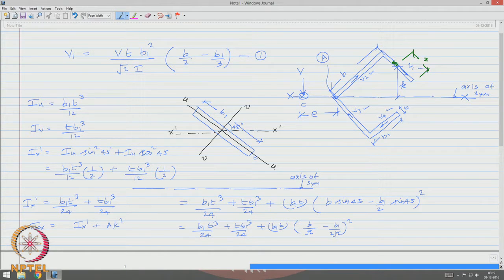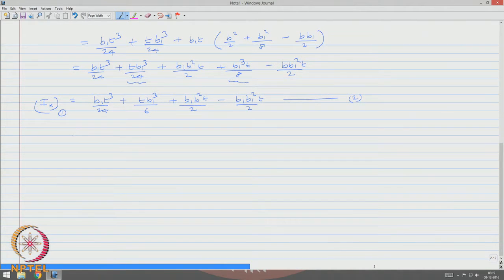The distance of V1 from this point will be equal to B. Therefore, we can take moment about the point A, no moments will be caused by V2 and V3.